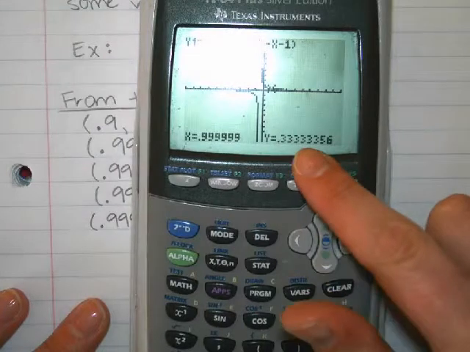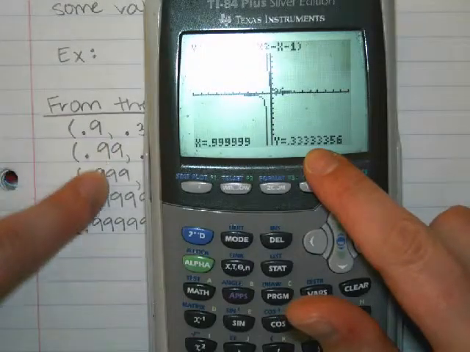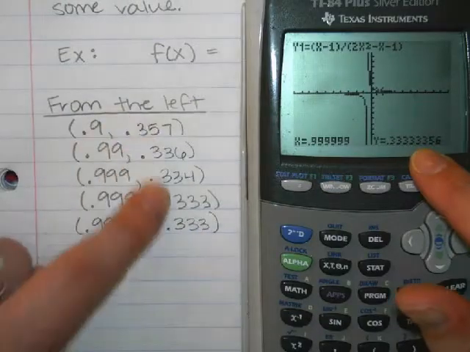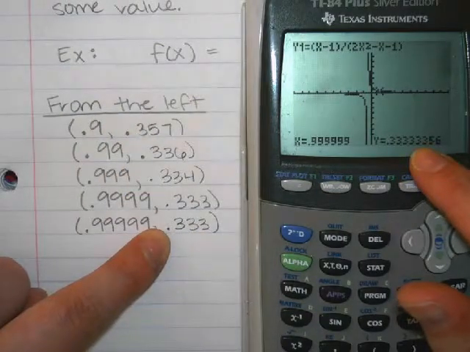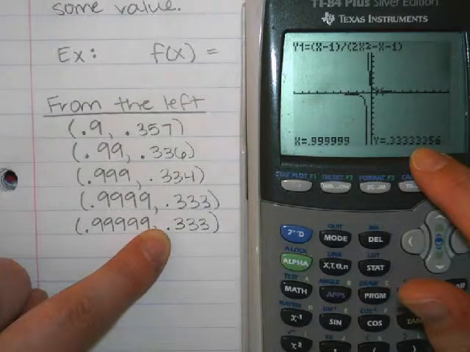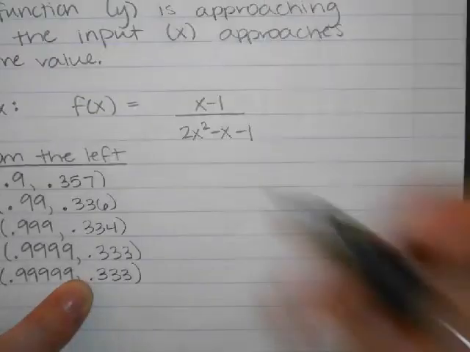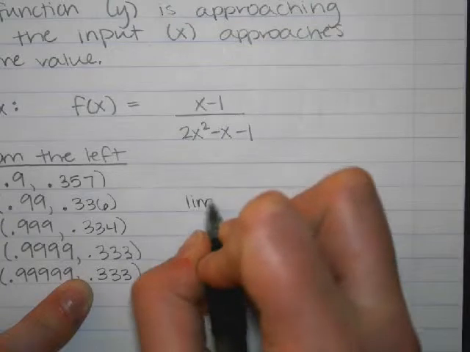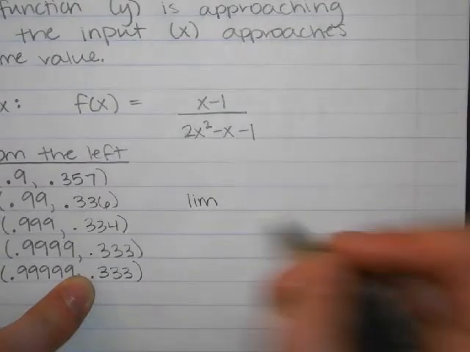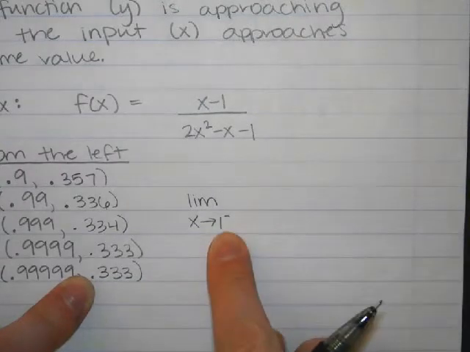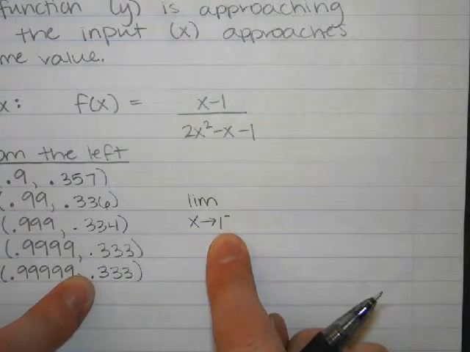All right, so as my x value gets closer and closer to 1, what is my y value getting closer and closer to? 0.333333333, which is what fraction? 1/3. So I would say the limit as x approaches 1 from the left. Right here, we're writing down mathematical notation.